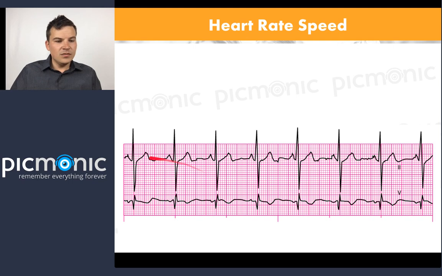So you need to count how many QRS complexes there are. 1, 2, 3, 4, 5, 6, 7, 8. There's about 8. So this heart rate is about 80. And almost every single time, you're going to be able to know exactly what's here, and then you're going to be able to see if that's a slow rate or a fast rate. We're going to talk about that.